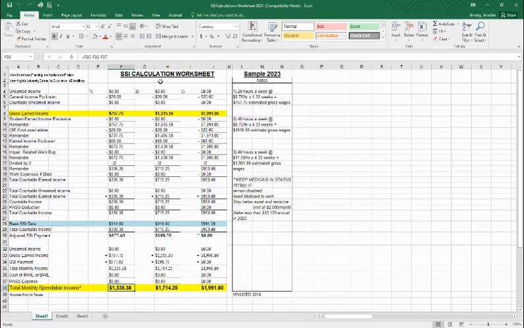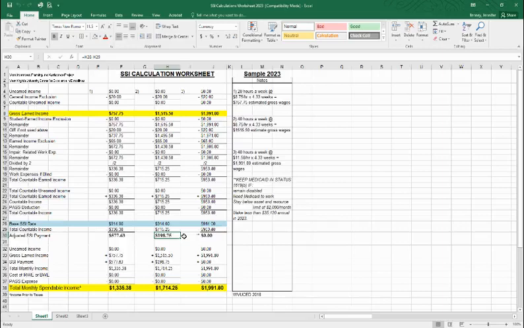In column number 2, we're assuming that we're working 40 hours a week at minimum wage. This gives us a total estimated gross wage of $1,515.50. If we run through the quick calculations and jump to the bottom, that still gives us a $198.75 SSI check.